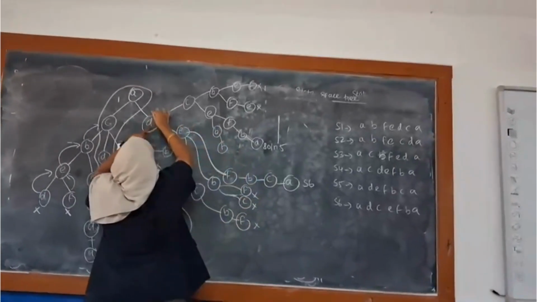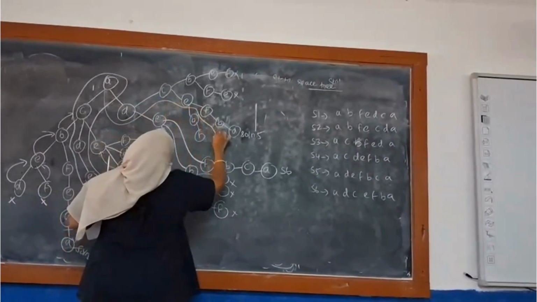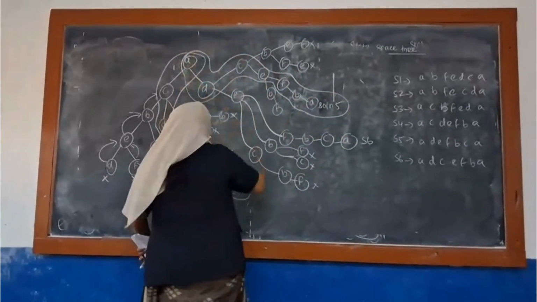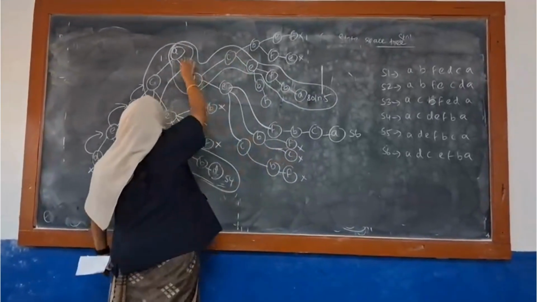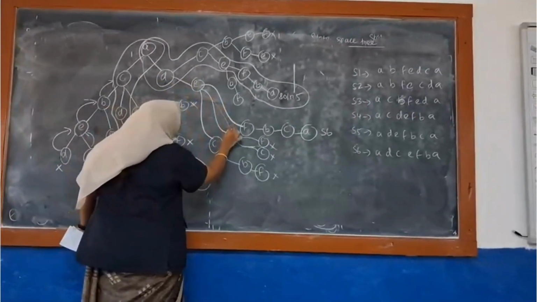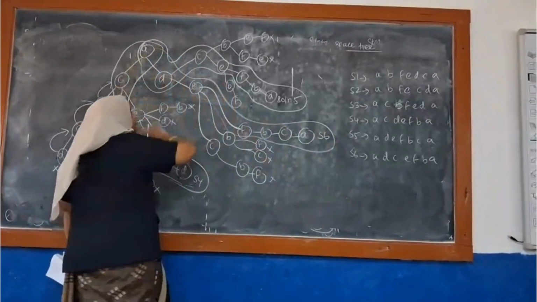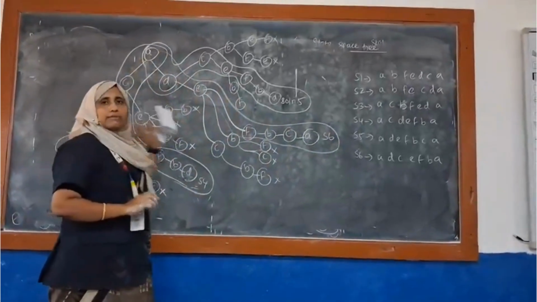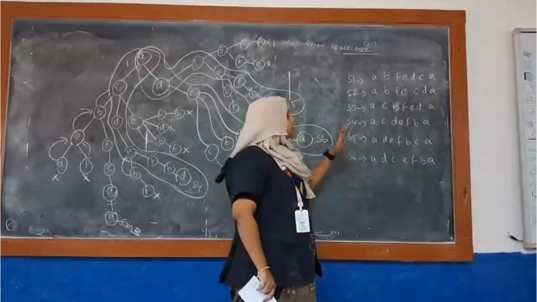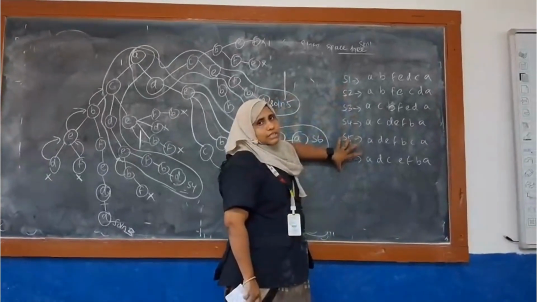That is A to B, B to C, C to E, E to F, F to B, B to A. So this is one cycle, and the next cycle is A to B, B to E, and then E to F, F to B, B to C, C to A. So totally in the given graph, we are able to find 6 possible Hamiltonian cycles. That is solution 1 to solution 6.